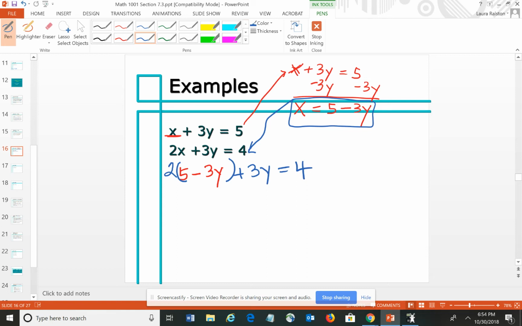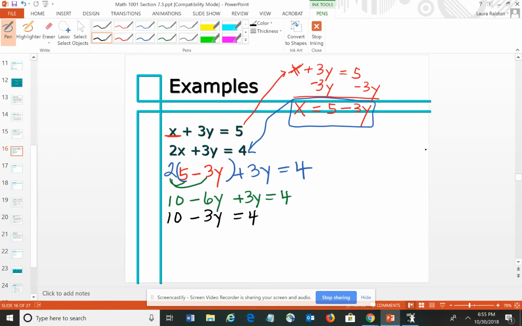Then I need to solve that equation for y. So I would distribute: 2 times 5 is 10, 2 times minus 3 is minus 6y, plus 3y equals 4. Combine like terms, you're doing good old basic algebra. So I have 10 minus 3y equals 4.